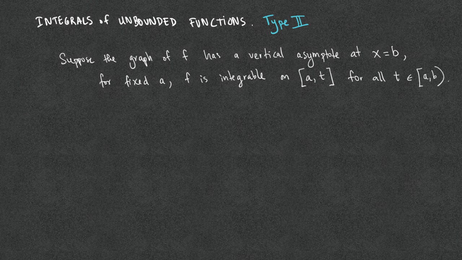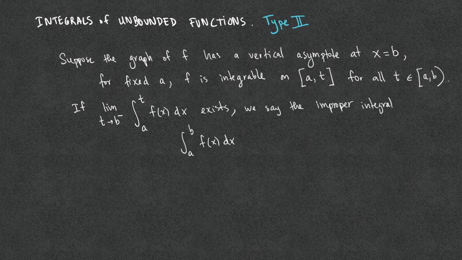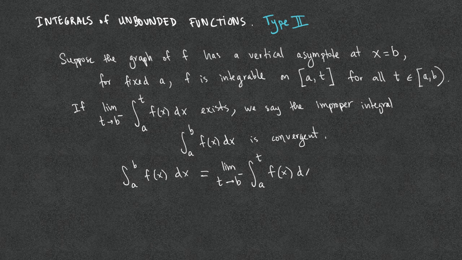If the limit as t goes to b from the left-hand side of the integral from a to t of f of x dx exists, we will say that the improper integral from a to b of f of x dx is convergent, and we define the integral from a to b of f of x dx as the limit as t approaches b from the left-hand side of the integral from a to t of f of x dx.